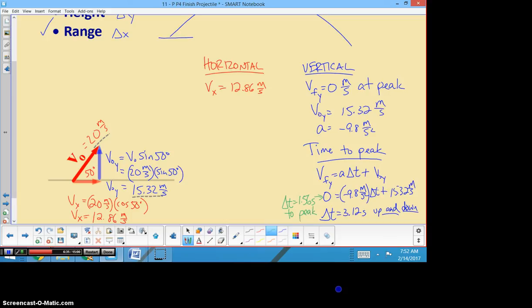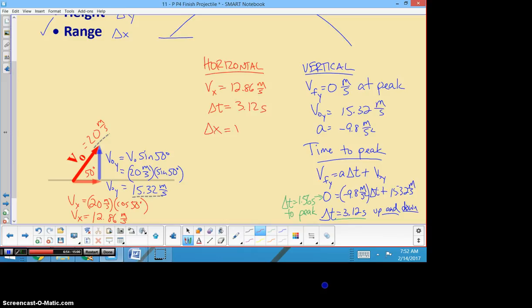All right, now that's a really big piece of information because now that we know the time that it's up and down, we can go back to the horizontal direction and use this delta T of 3.12 seconds with our horizontal velocity equation.